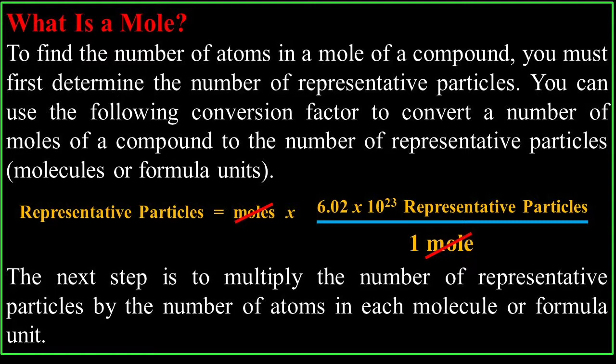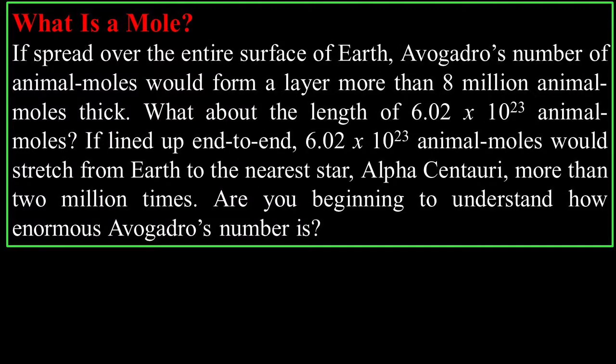Representative particles equals moles times the ratio of 6.02 times 10 to the 23rd representative particles over 1 mole. And the next step is to multiply the number of representative particles by the number of atoms in each molecule or formula unit. Remember, sodium chloride, NaCl, is a formula unit.